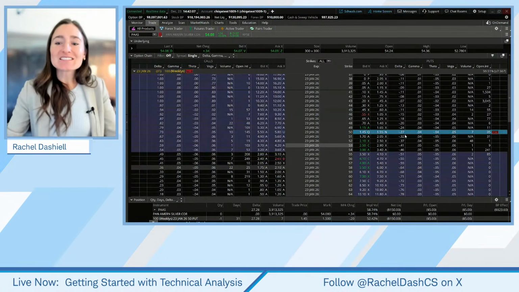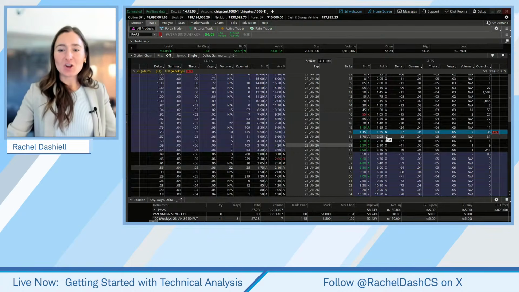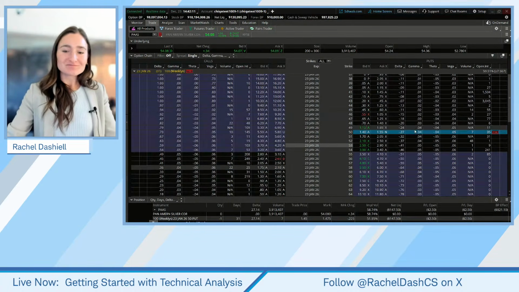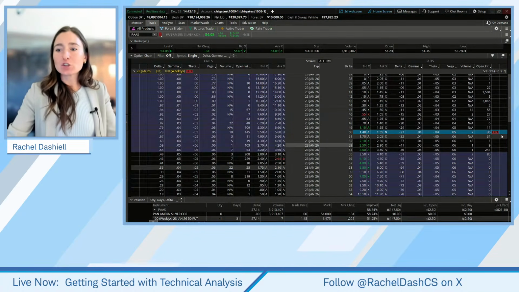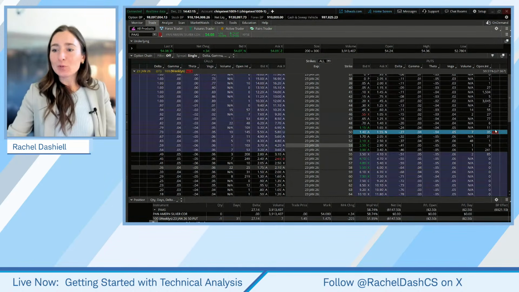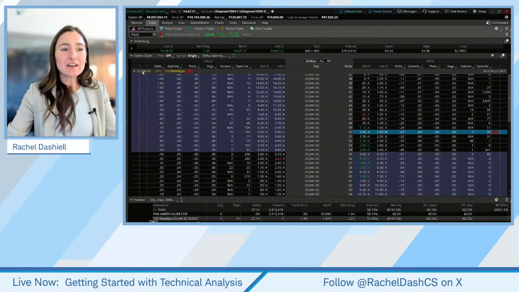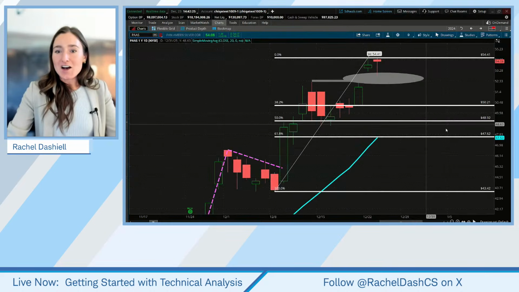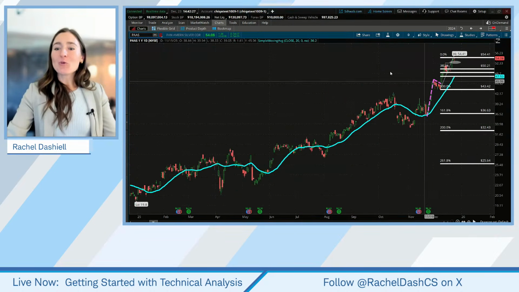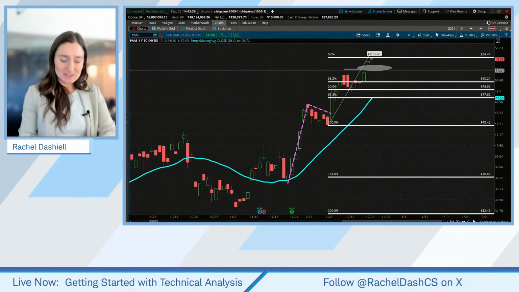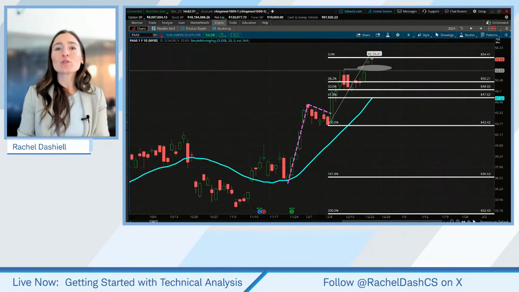But we are looking to scale into this stock at $50 if it goes below that. But if not, it gives us a little bit of cha-ching. It gives us a little bit of premium that we can capture, and then we can keep in mind where the price of the stock goes to possibly buy that dip or buy that bounce. So those are a couple different ways that traders can use these Fibonaccis for support and resistance.